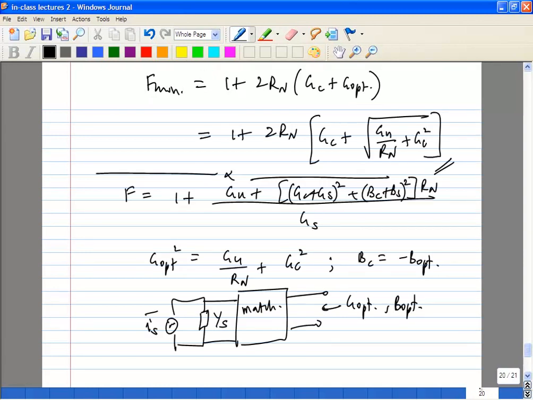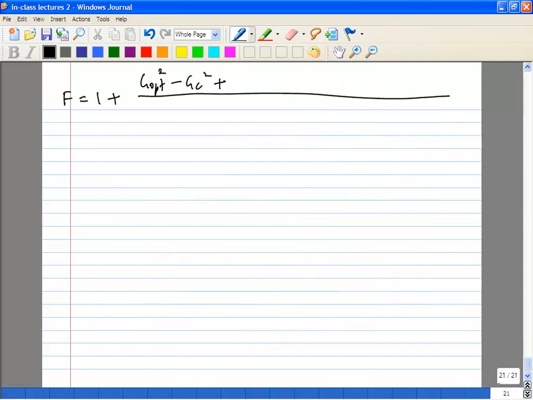So what do we know? We know Gu is G opt squared minus Gc squared times Rn. Okay, so that's what we are putting up here, and now Rn obviously becomes a common factor for this also. Okay, G opt squared minus Gc squared. Is that right?